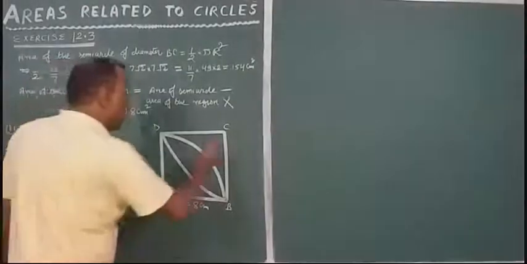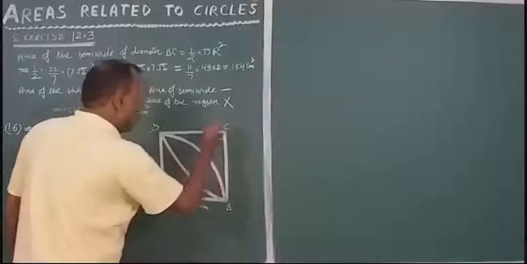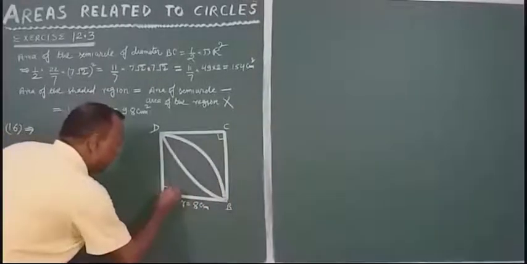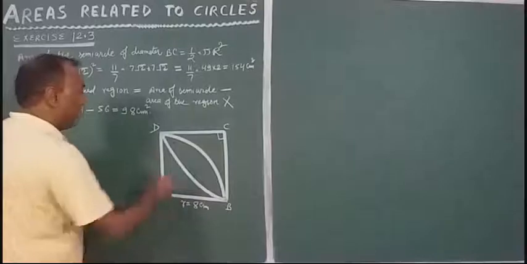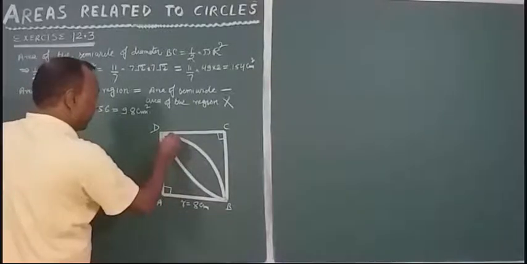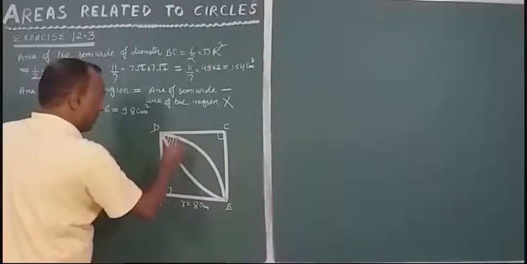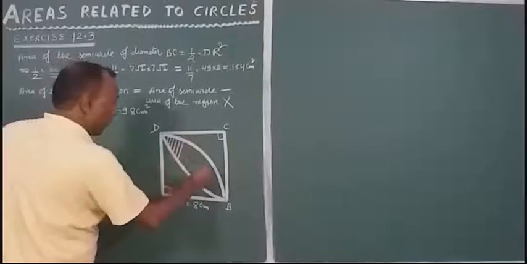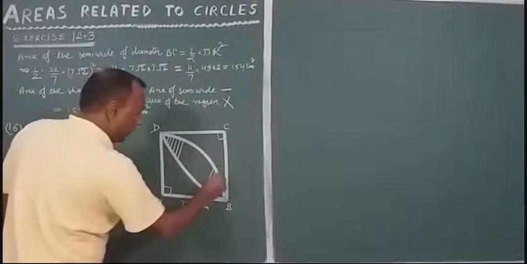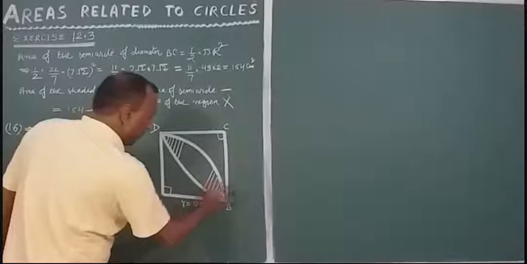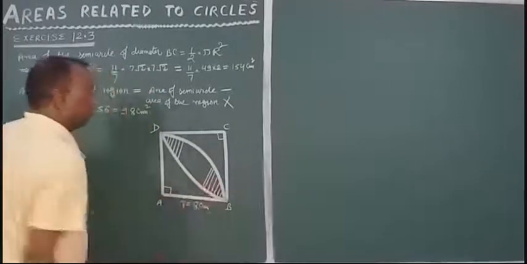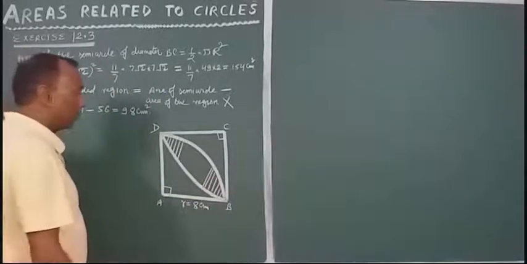Okay, how much is this angle? 90 degree. How much is this angle? 90 degree. Okay, you have to find this area. This area you have to find in this question. Now just look here.